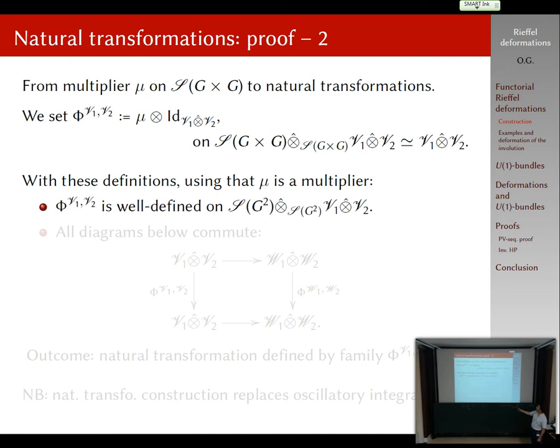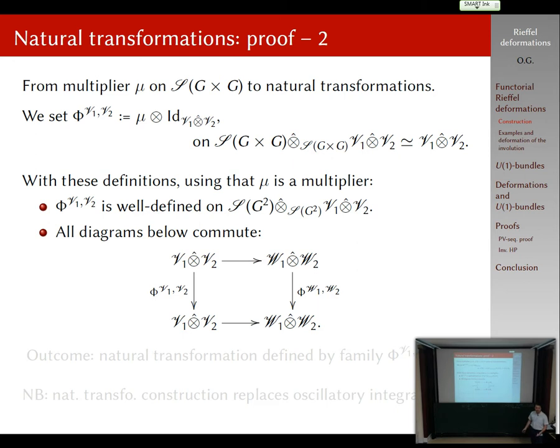And since mu is a multiplier, this is going to give us something which is well defined on this tensor product of the Schwarz algebra. And all these diagrams are going to commute. Okay. Yeah, that's a computation that one needs to do.